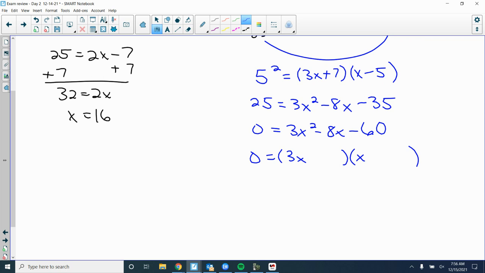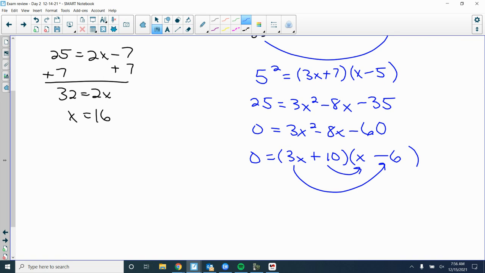So you got 15 and 4. You got 10 and 6. So if I put a 10 and a 6, does that work? I think if I put plus 10 and minus 6, because that gives me minus 18 and positive 10, which adds up to negative 8.